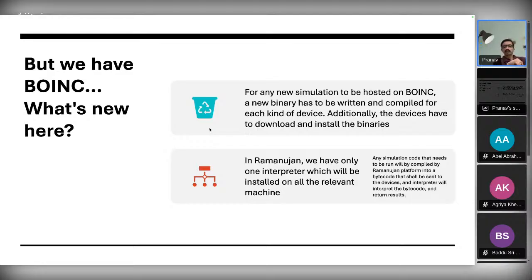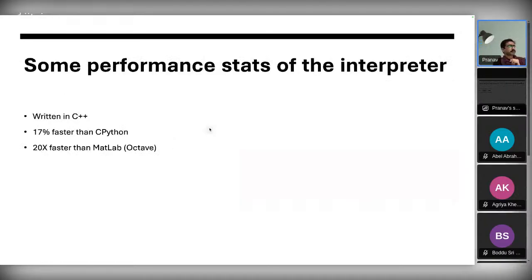That bytecode comes to the device, the interpreter runs it, and returns the result. So here we are empowering users to get their simulation run without the hassle of writing a new binary and getting that binary installed on those devices.